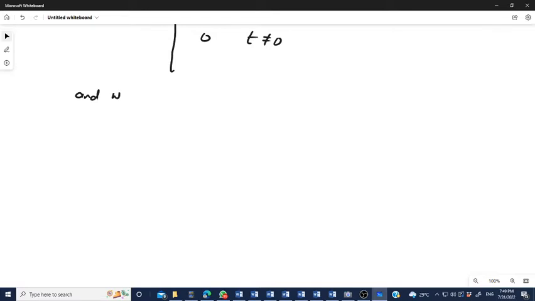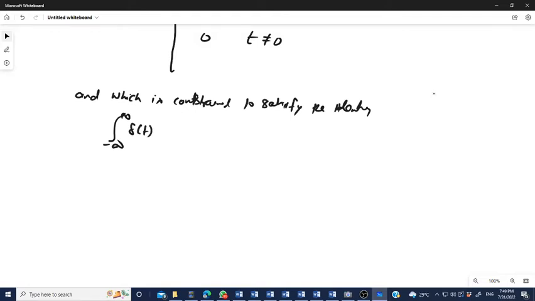It is also defined with a constant to satisfy the identity, and the identity is very important: the area under this region, the integral from minus infinity to infinity of delta t dt, is equal to 1. Very important.